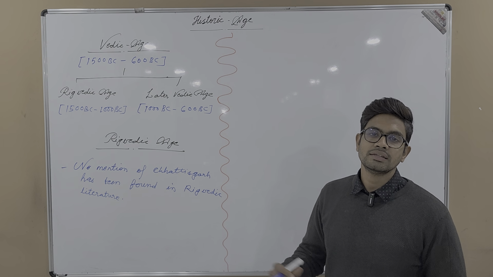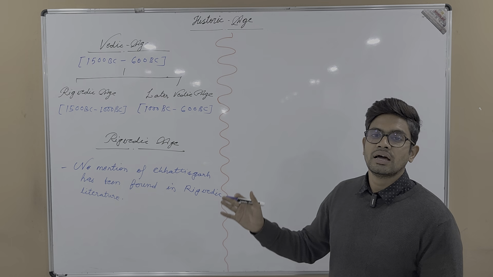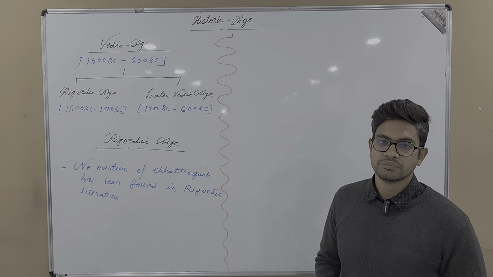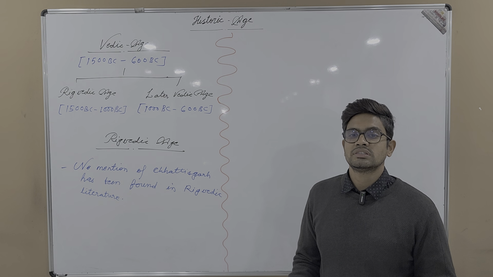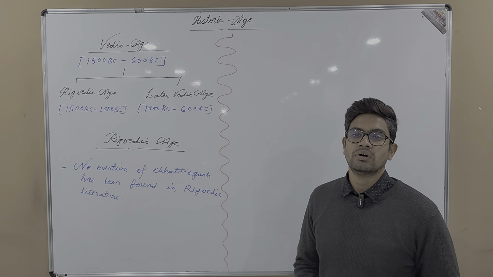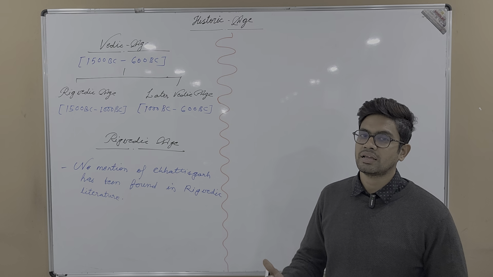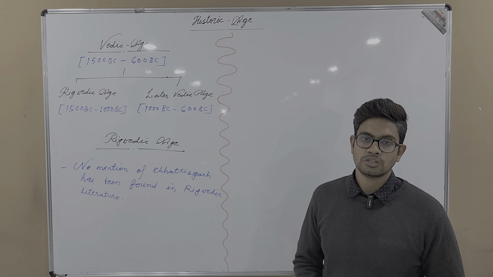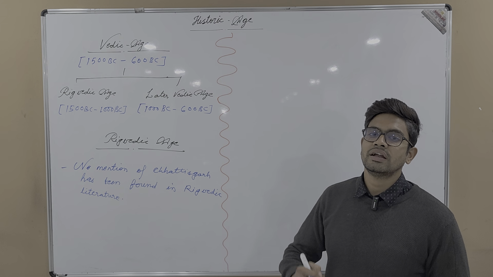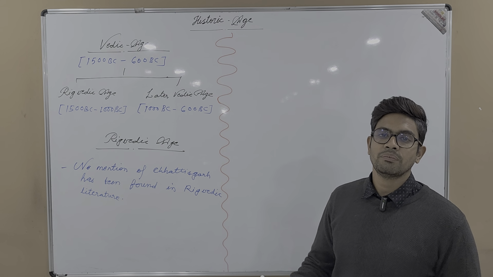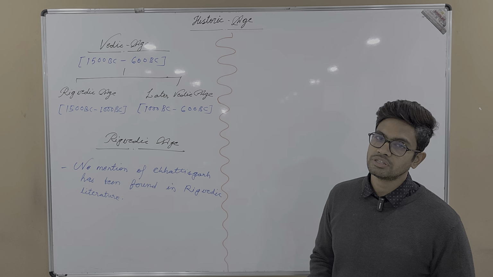The reason is that the Aryans used to live in Brahmavart. Now, what is Brahmavart? Brahmavart was that region where right now Afghanistan and some part of Pakistan are located. The area across the river Indus was known as Brahmavarta.